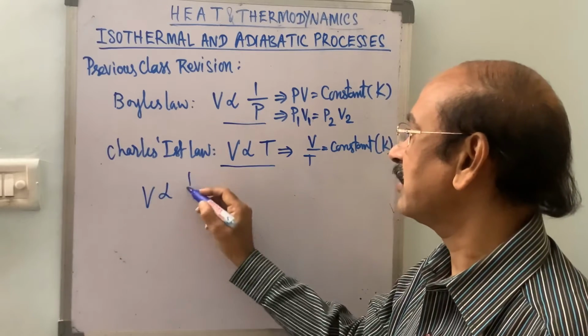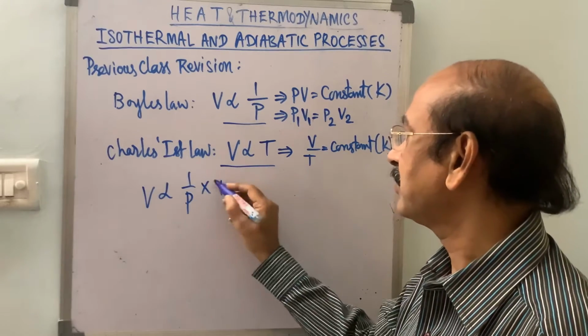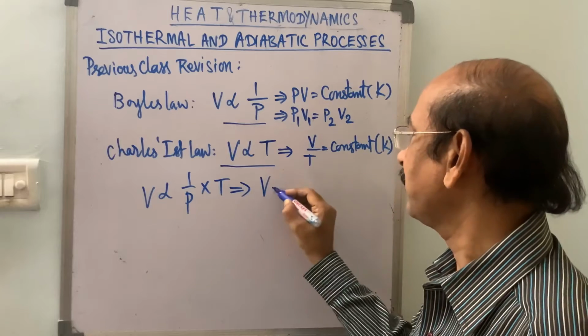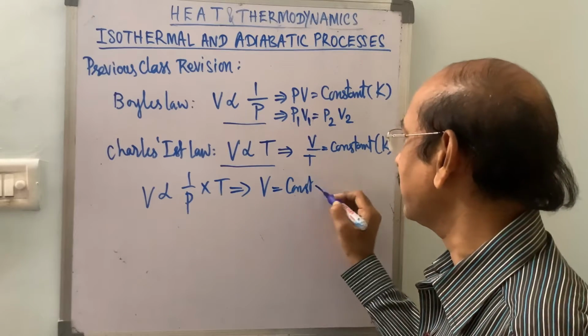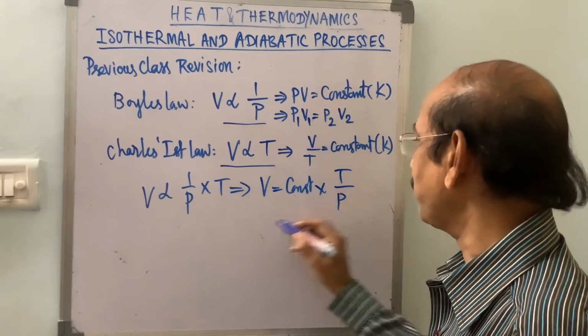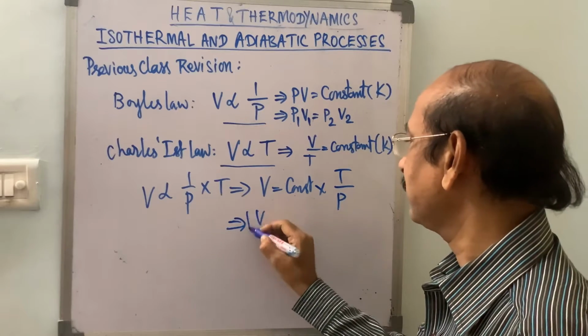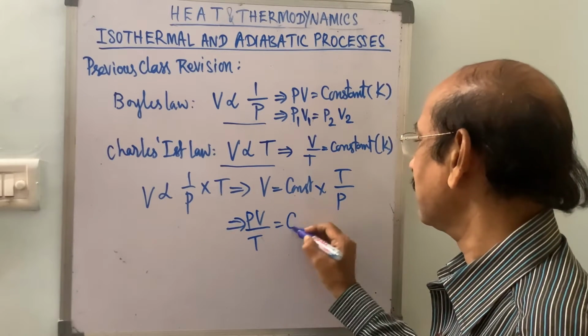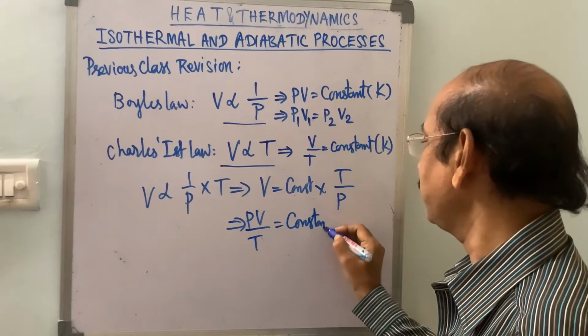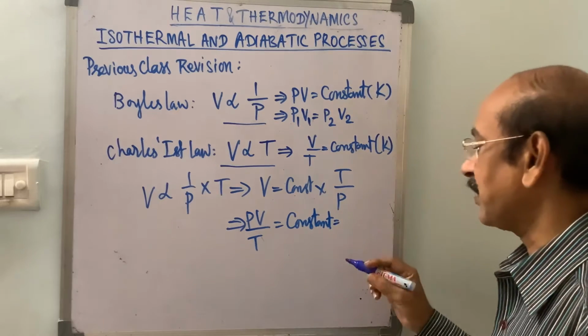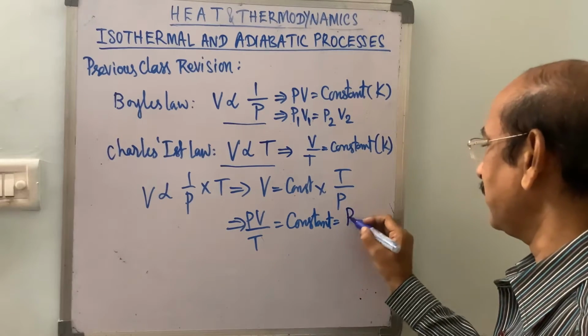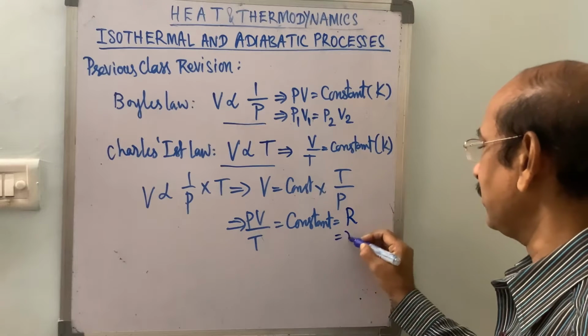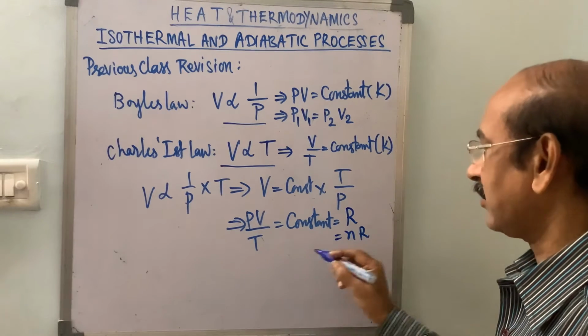V is proportional to 1 by P into T. From this, V is equal to some constant into T by P, or PV by T equals constant. This constant value is equal to R for 1 gram molecule of gas, or for n gram molecules it is equal to nR.